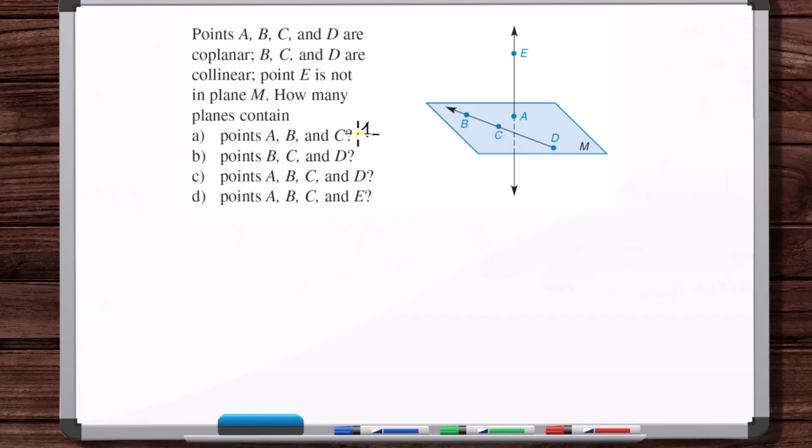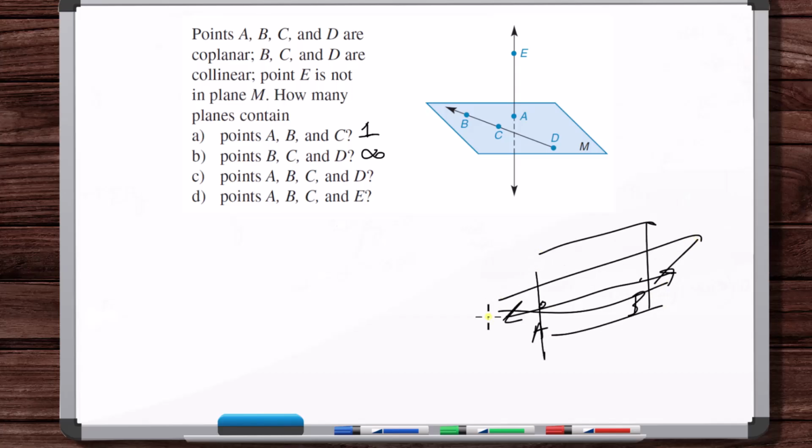That's plane M. What about points B, C, and D? Well, that's three points, but one of them is redundant in the sense that they're all collinear. You only need two points to define a line, and D is on that same line. So how many planes contain B, C, and D? An infinite number of planes. You have a line, and there's an infinite number of planes you can draw that contain this line.